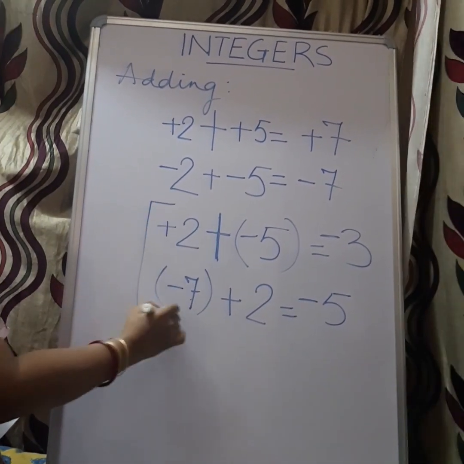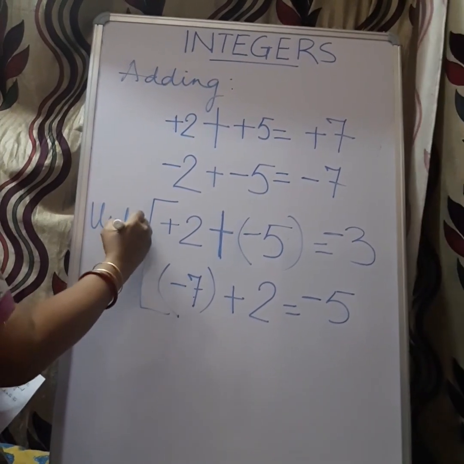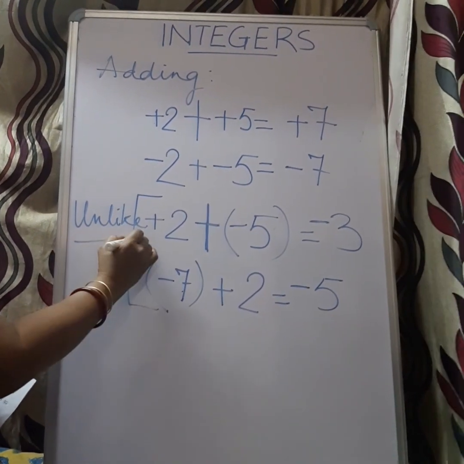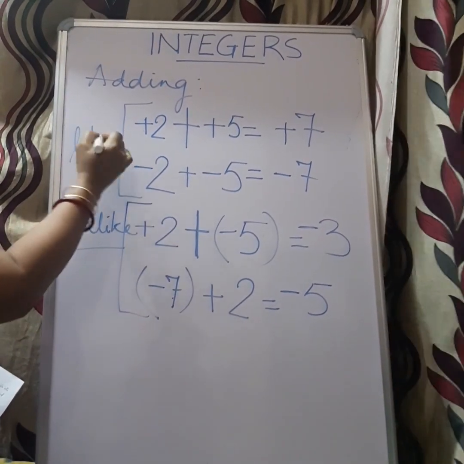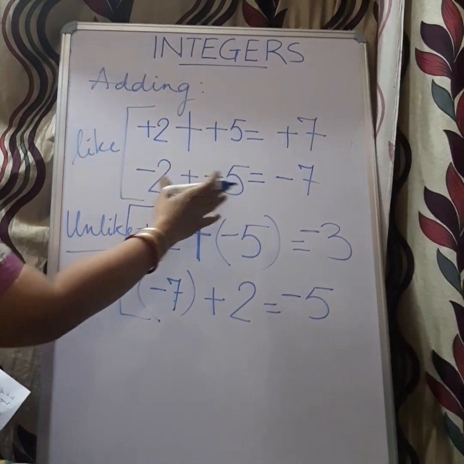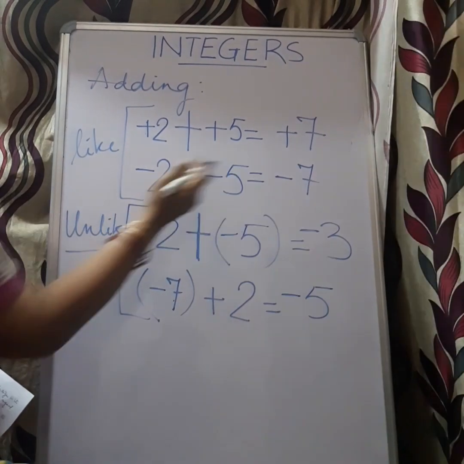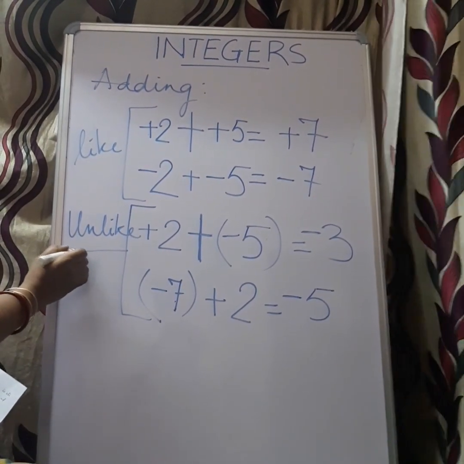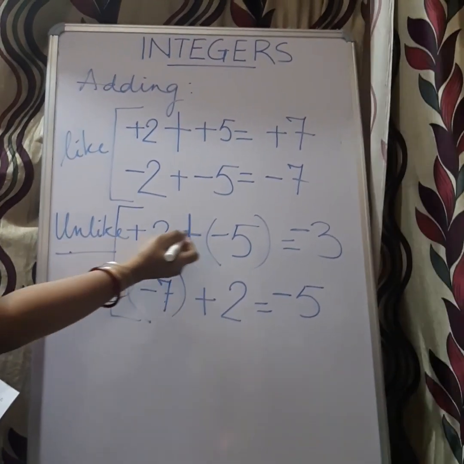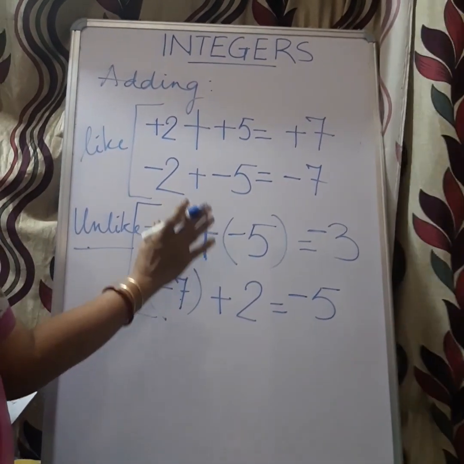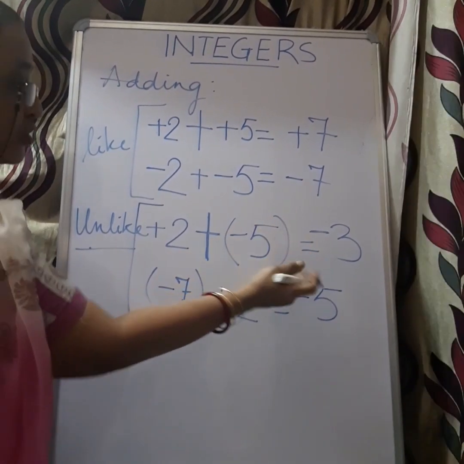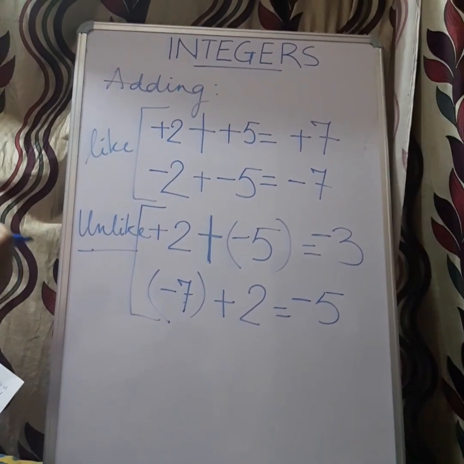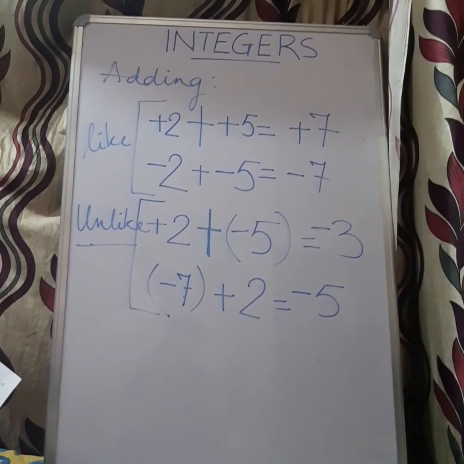So here we have unlike signs. These are adding of unlike signs, and the earlier two were adding of like signs. In like signs, we add the numbers and put the common sign. For unlike signs, we find the difference of the absolute values of the numbers and put the sign of the greater number.